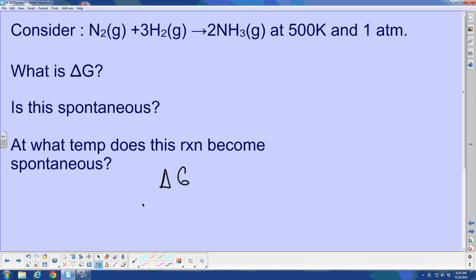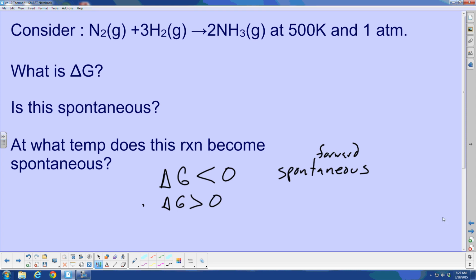When my Gibbs free energy is less than zero, my forward reaction is thermodynamically favored, or like I prefer to say, it's spontaneous in the forward direction. If my delta G is greater than zero, I am spontaneous in the reverse direction. And if my delta G equals zero, then I am at equilibrium.